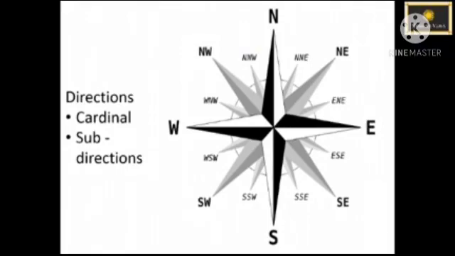These directions are called cardinal directions. And some maps also show the intermediate directions, like northeast, southeast, northwest, southwest. They are also known as subdirections.